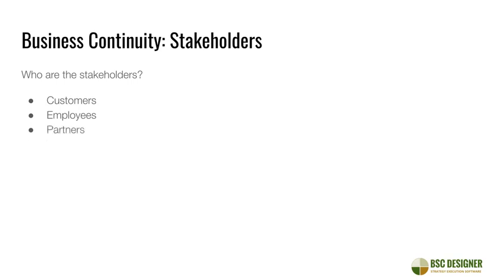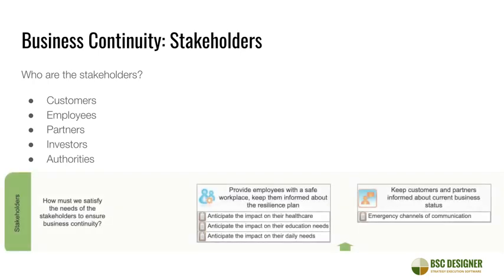Partners, well, they're not in your office, but they need to have some information. They need to understand what changes will be affecting your business. Investors, the same. Authorities, well, at least you need to get information from authorities and implement this information. And in some cases, you also need to report, you need to contribute in some way.